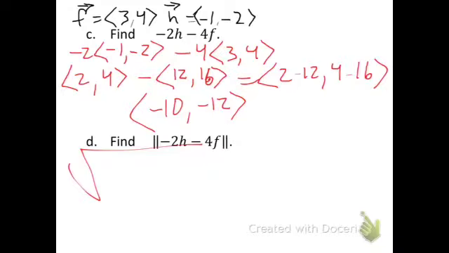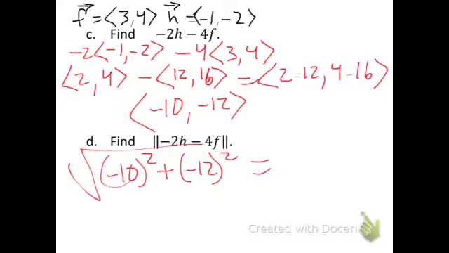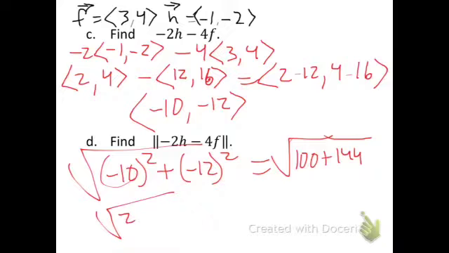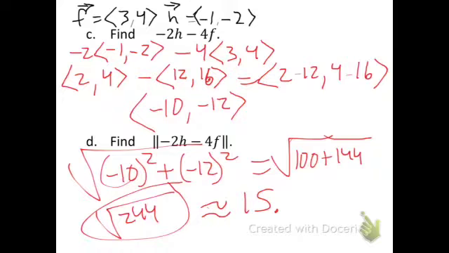So you take each of those components, square it, add them together. -10 squared is 100. -12 squared is 144. And if you combine those, you're looking at 244, whose square root is approximately 15.6. And there you go. That's the magnitude of 2h minus 4f.